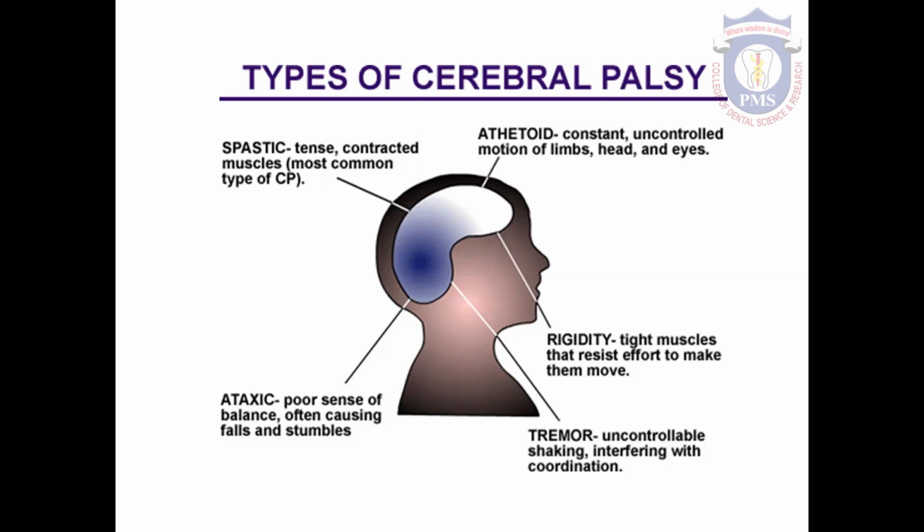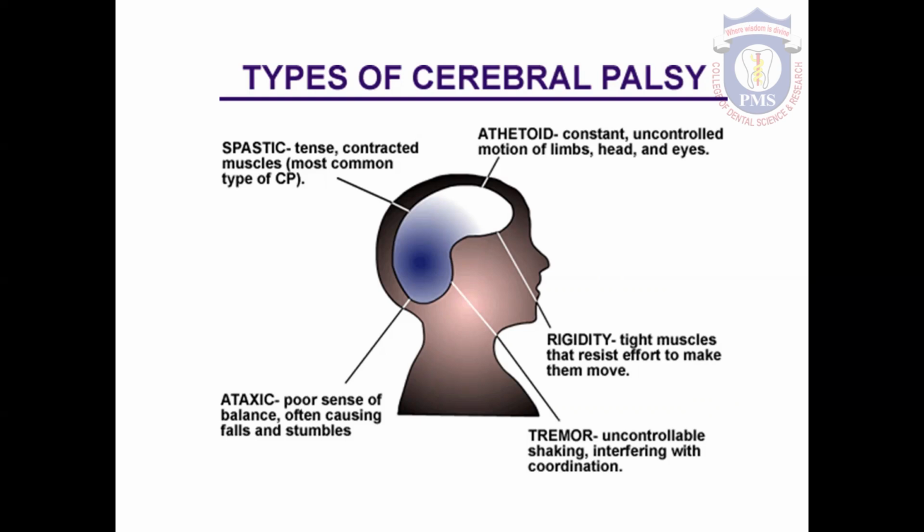It can be a sudden jerky type of movement, or it can be a slow writhing type of movement. What you can see is that there will be something like Parkinsonism. The child will keep on moving the extremities or the affected part, or it can be a sudden jerky type of movement.